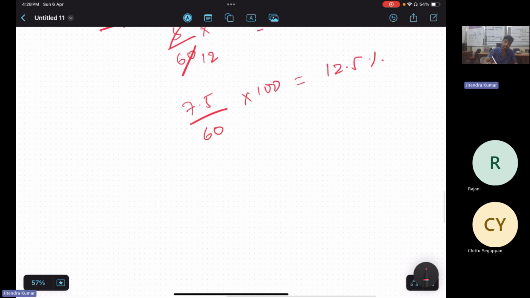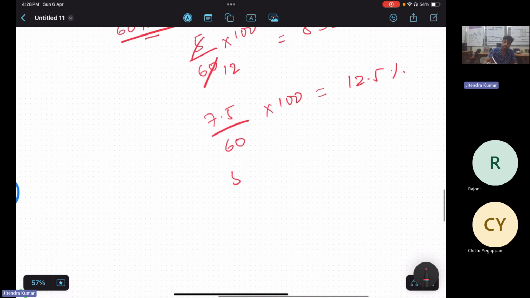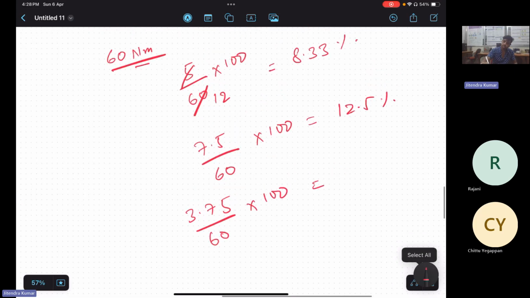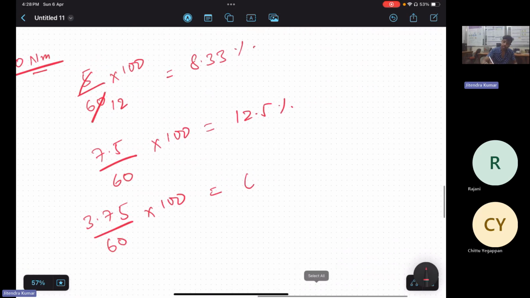And regarding the stack length, it was 3.75, so it is 6.25%.